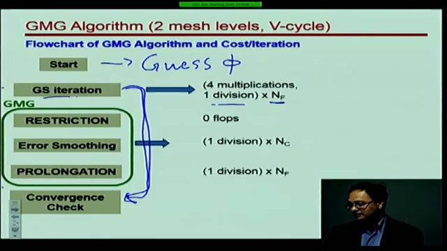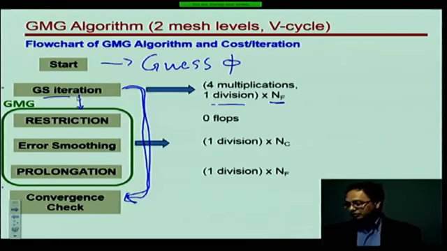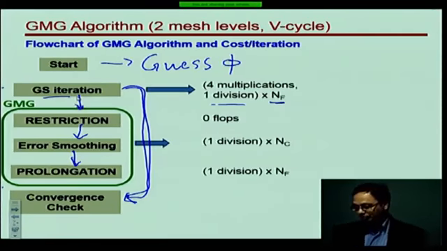The restriction step is where we transfer the residual, then we smooth the residual on the coarse mesh, then we pass the correction for phi back to the fine mesh, which is the prolongation step. Once we have the new updated solution for phi f, that's when we check for convergence. So it's kind of a detour.